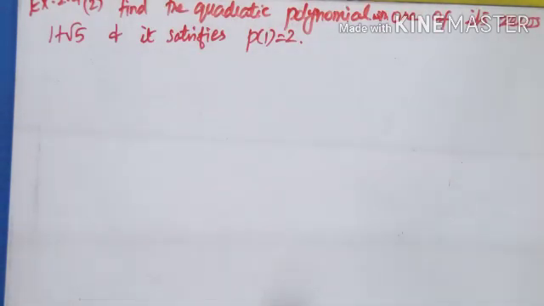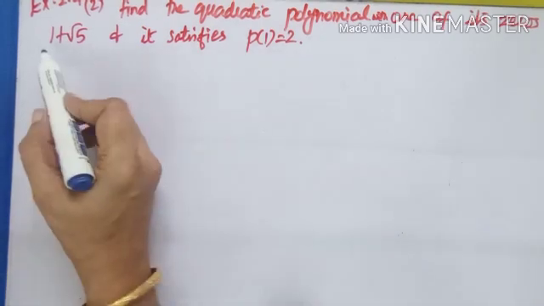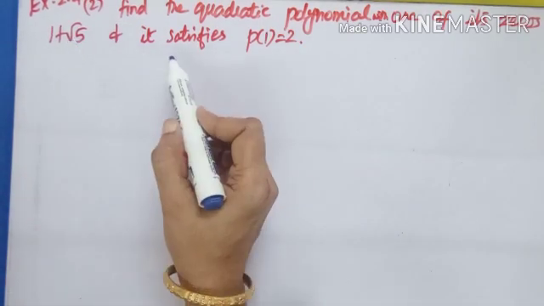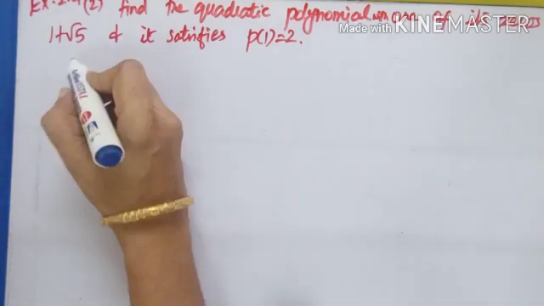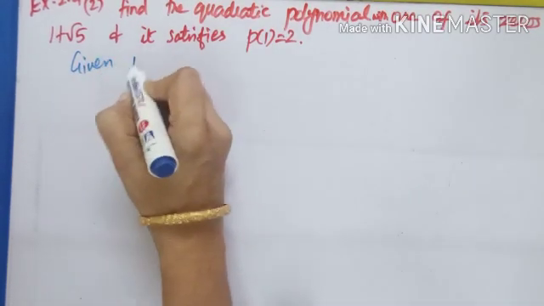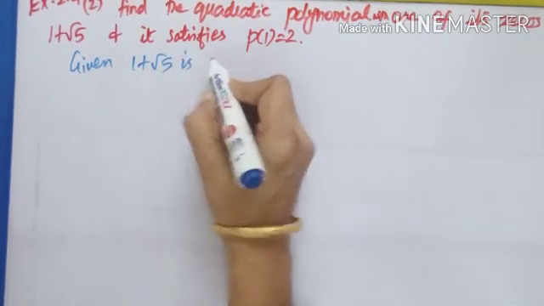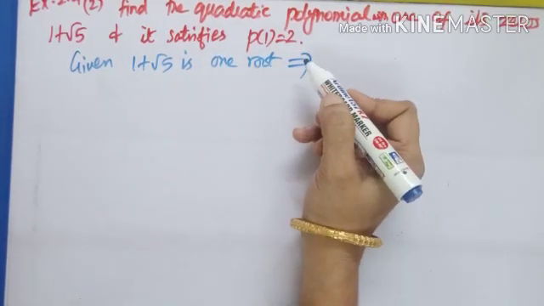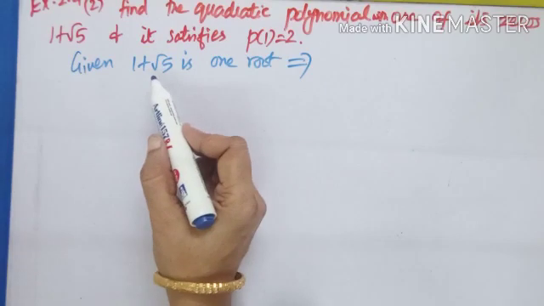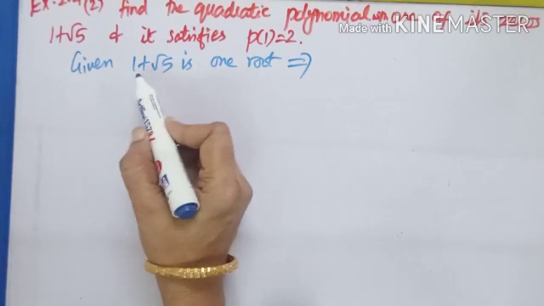Question number 2. Find the quadratic polynomial with one of its zeros 1 plus root 5 and it satisfies p of 1 equals 2. Given 1 plus root 5 is one root, whenever we are finding a square root, plus or minus would come.